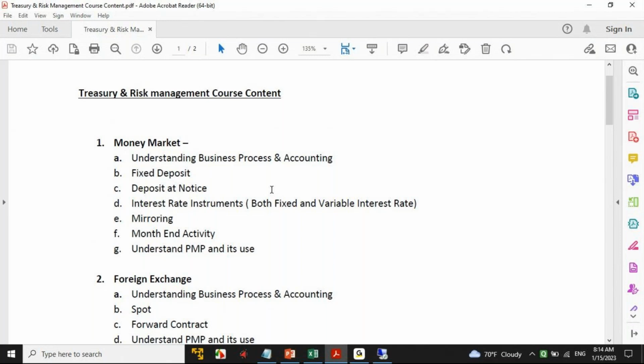But when the client says they have an investment at, say, Citibank, and the requirement can come anytime, so you can do the investment and give interest on a daily basis. Whenever this kind of requirement comes, you cannot use the fixed term deposit product type. Rather, you have to use the product type called deposit at notice.